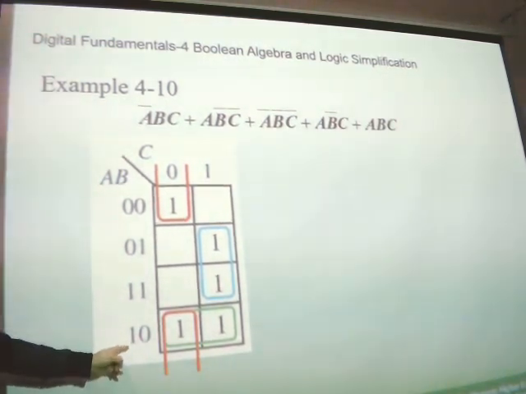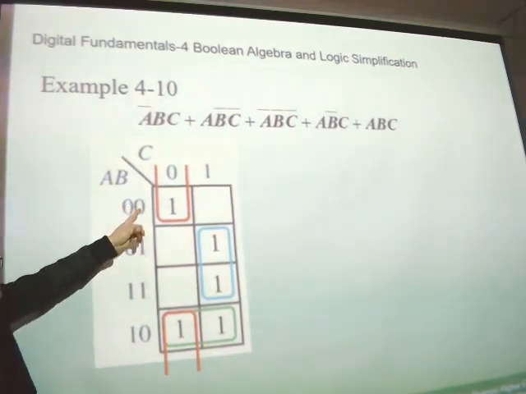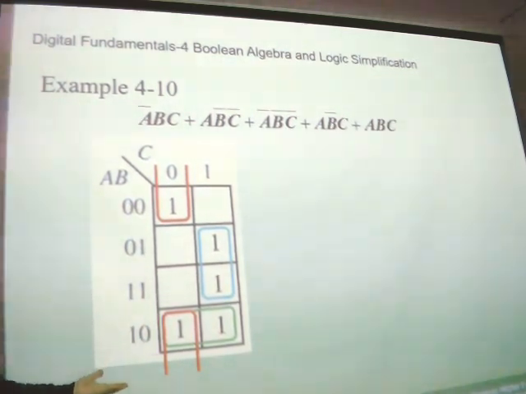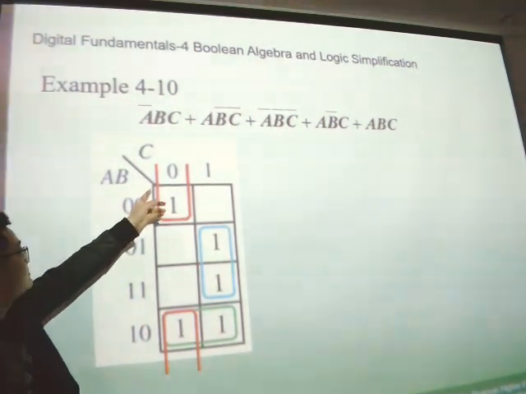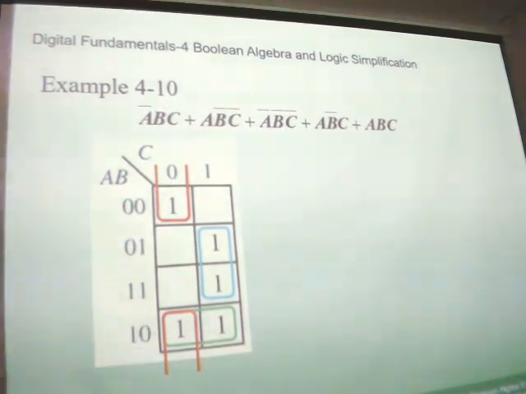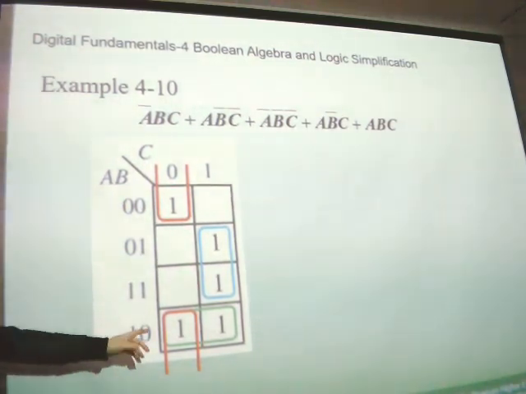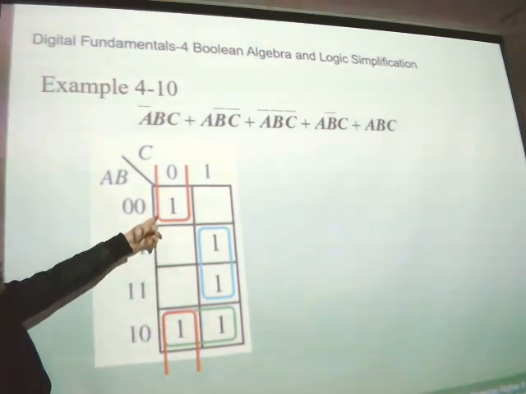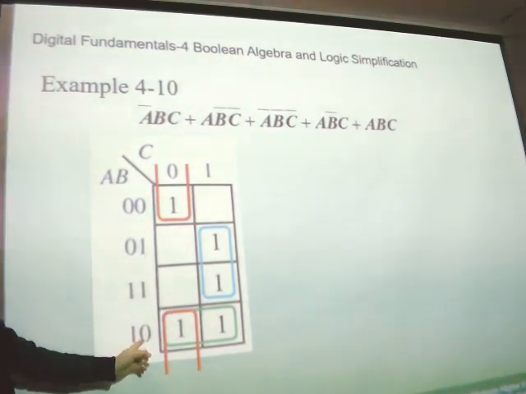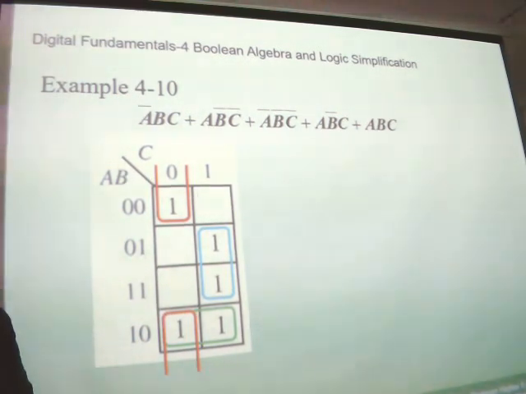B bar must be contained, and C bar must be contained. So the product term of the red group is B bar, C bar.